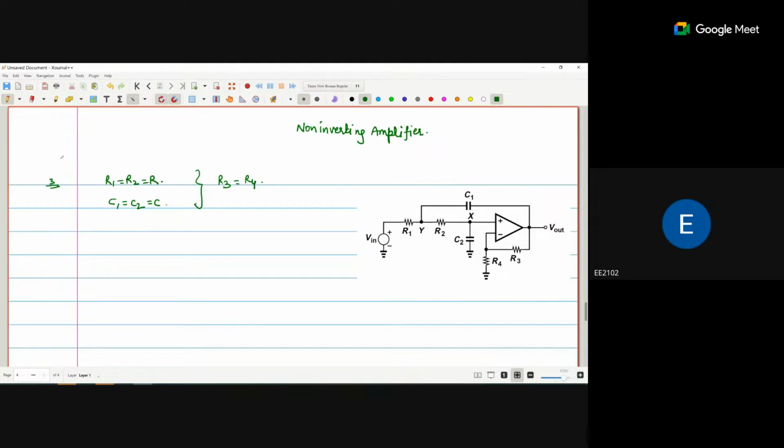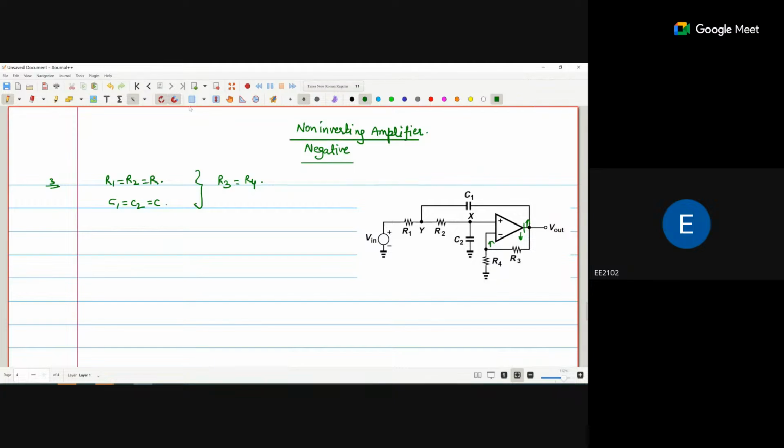If the voltage increases here, because of the negative sign it will decrease. A DC voltage will not pass through the capacitor. So that means we have a negative feedback. We confirm two things: the feedback is negative, and it is a non-inverting amplifier.